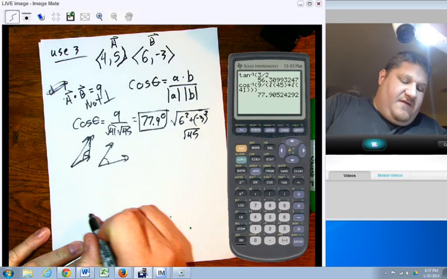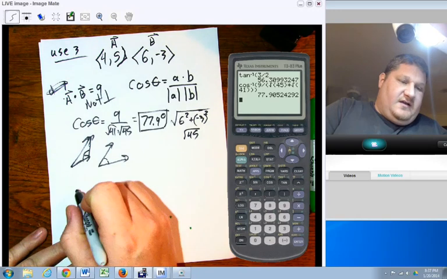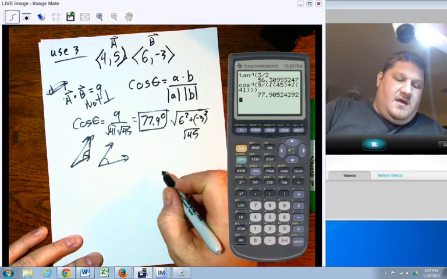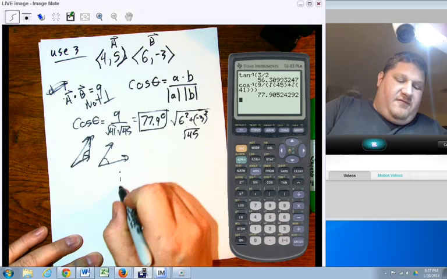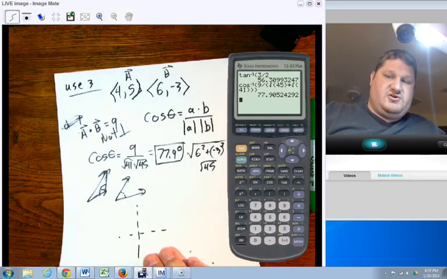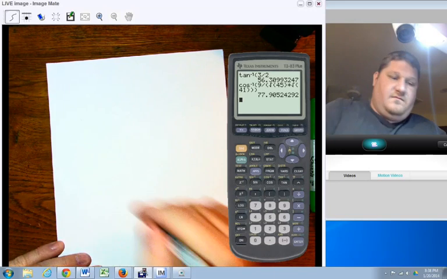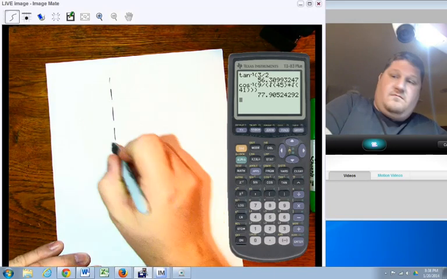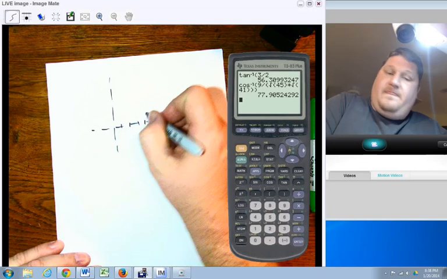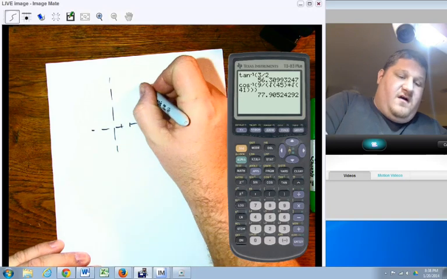And if I have two vectors, got my 4, 5 and my 6, -3, let's put them on a graph. In fact, we'll put them on a fresh graph. 1, 2, 3, 4. 1, 2, 3, 4, 5.